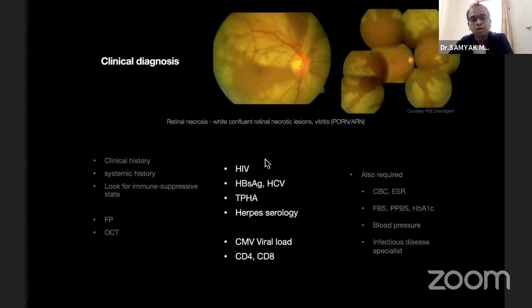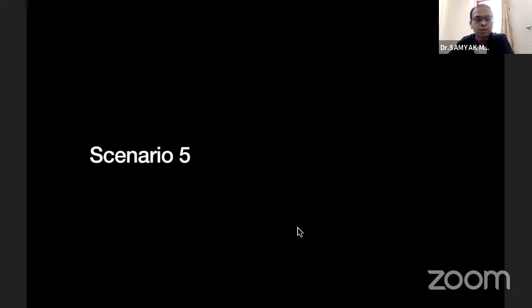Then you have to look for an immune compromised or immune suppressed state. Also do an HLA, also do the serology: HIV, HBsAg, HCV, TPHA definitely. And if it's a CMV retinitis, then you need to go for a CMV viral load. You need an infectious disease specialist in conjunction for treatment of this patient.